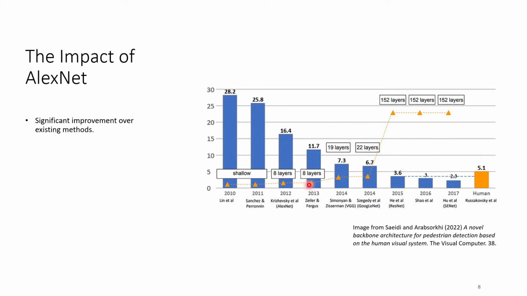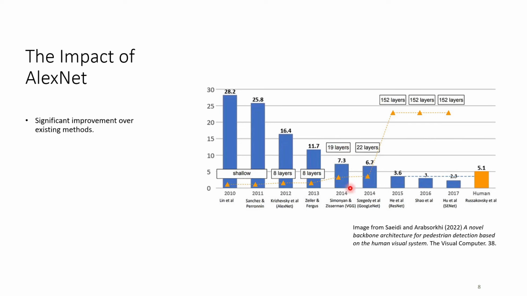Okay, and here, in 2014, another neural network architecture called VGG. VGG is the Visual Geometry Group. I forgot the middle of the G. It is a deeper network, the number of layers increased from 8 layers to 19 layers.